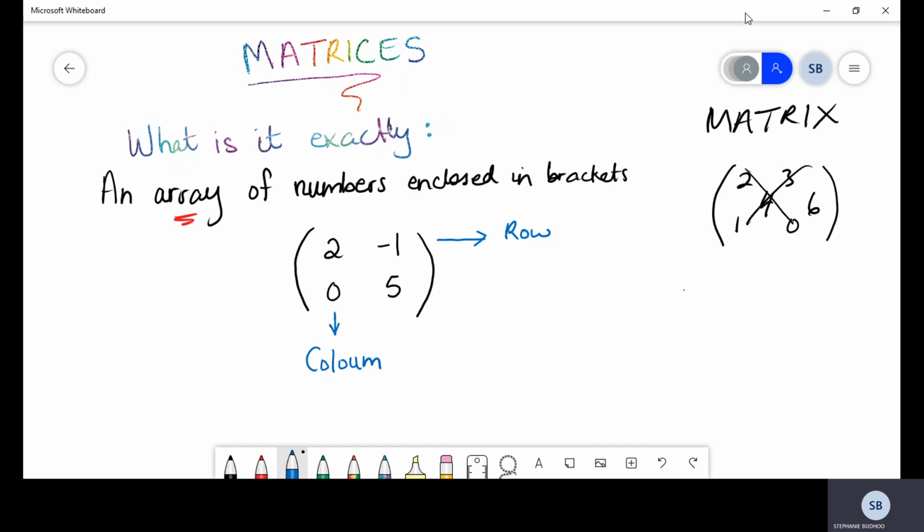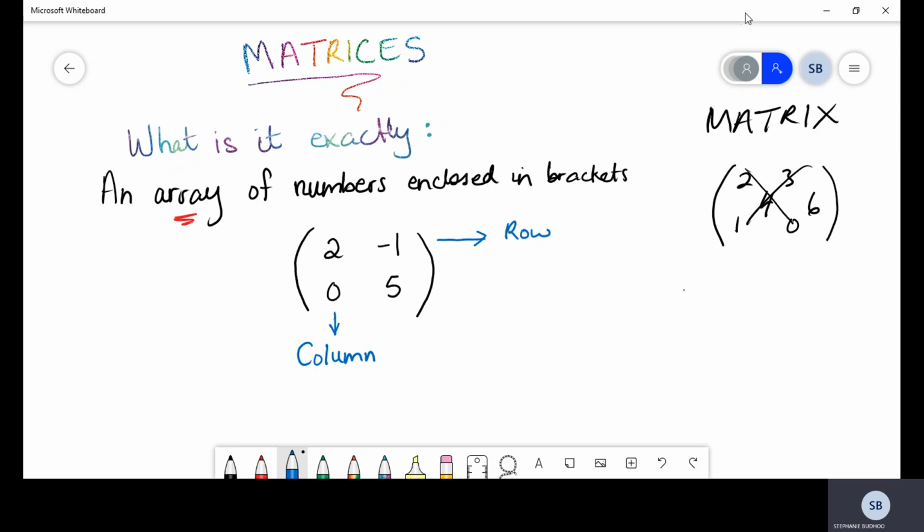C-O-L. It isn't U. It isn't a column if it doesn't have the U after the L. So we have our rows written horizontally and we have our columns written vertically. And that, my friends, is what an array means.